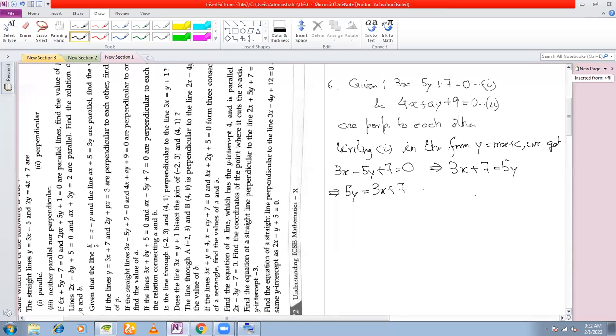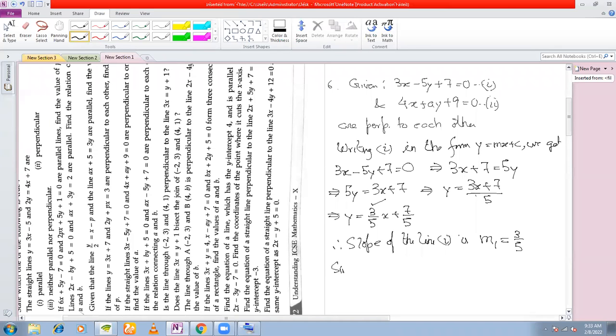Divide both sides by 5 now. You get y is equal to 3x plus 7 by 5, hence y is equal to 3 by 5 x plus 7 by 5. Therefore, what can you say? The slope of line 1, m1, is equal to the coefficient of x here, right? 3 by 5.